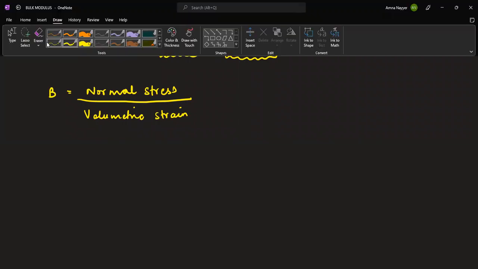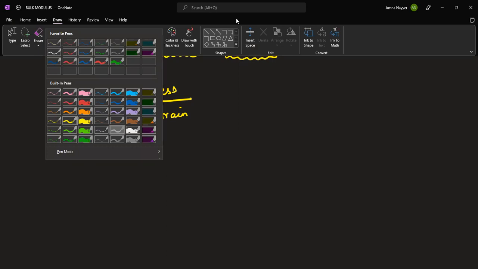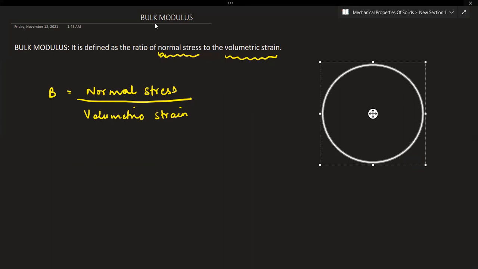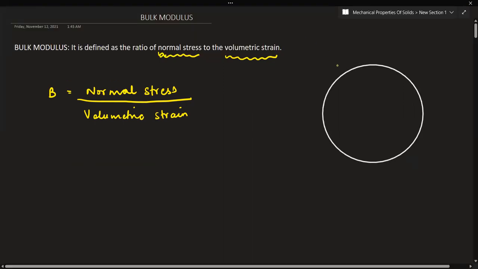So for example, in this case, I have taken a sphere. Now I have applied deforming forces from all the directions.